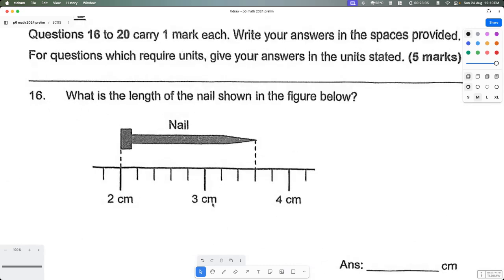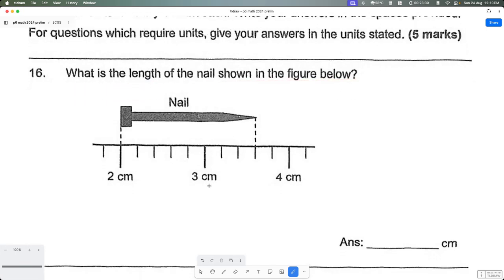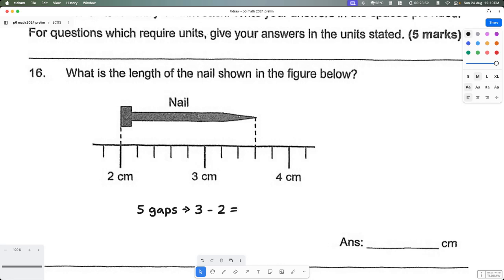Booklet B, question 16. What is the length of the nail shown in the figure below? So we count 1, 2, 3, 4, 5. So we have 5 gaps equal to 3 minus 2, which is equal to 1 centimeter. So one gap is equal to 1.0 divided by 5, which is 0.2 centimeters.